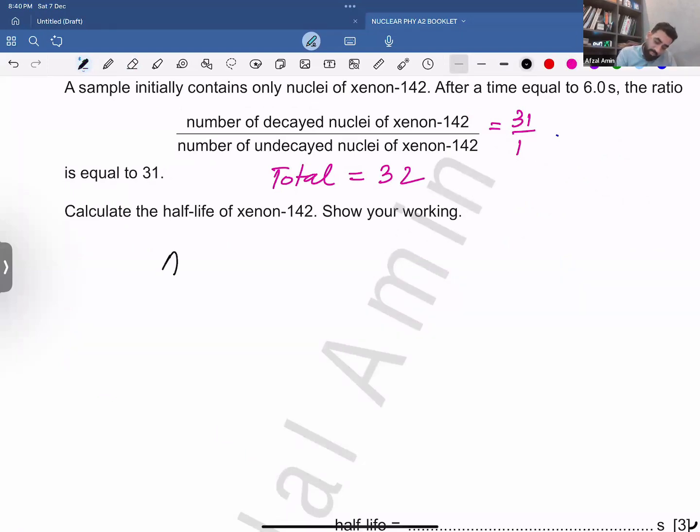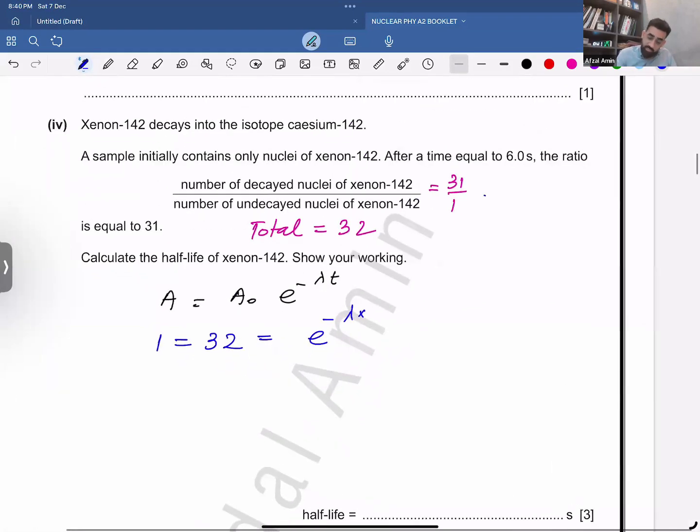So you know A equals A naught e power negative lambda t. So A naught, that is undecayed 1, yes? Initial is 32. E power negative. Can we first find lambda? Time how much? 6 seconds.